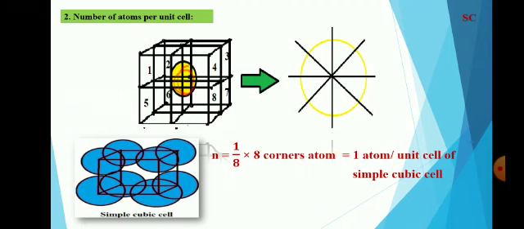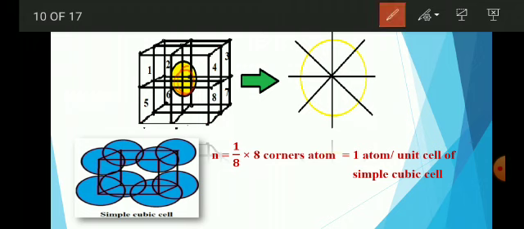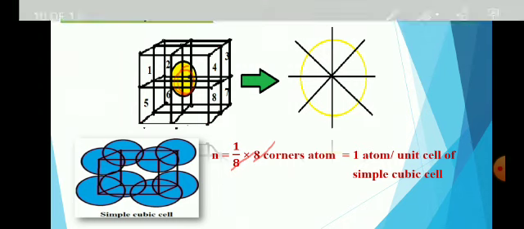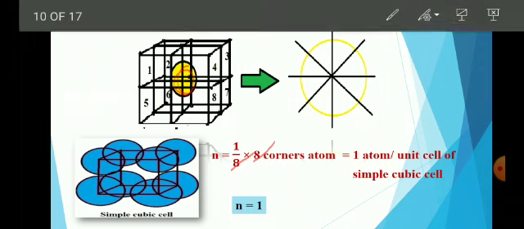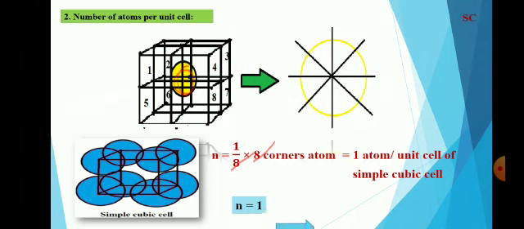So the 8 gets cancelled, and N is equal to 1 atom per unit cell of the simple cubic cell. It means in a simple cubic cell, the number of atoms per unit cell is equal to 1. We consider this as equation 2.